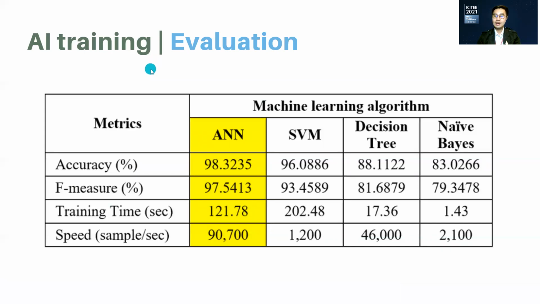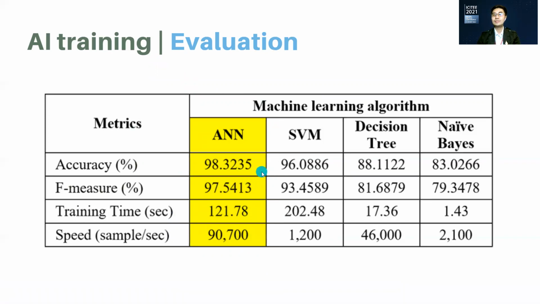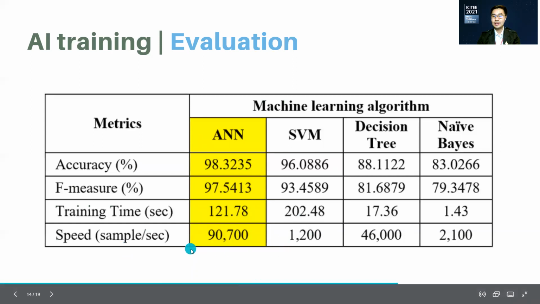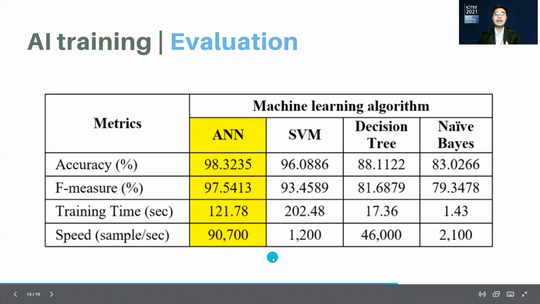This is the result for the AI training. You can find that the ANN algorithm leads with the highest score in accuracy at 98.3235%, and it is also the best for speed, or prediction speed, at 90,070 records per second.